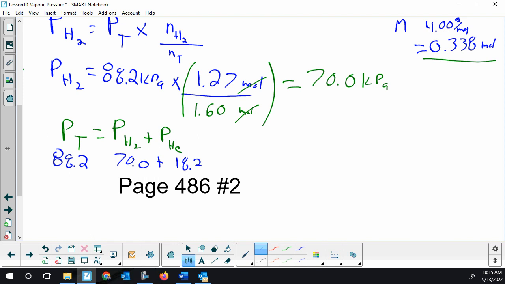And it works out 18.2 is how many kilopascals we're missing. So you don't have to run the formula again. You could put in helium's moles in here, rerun that, and you should get 18.2. So what's the question? What's the partial pressure of each? I didn't write my units in this little summary of Dalton's law, but that's our two partial pressures.